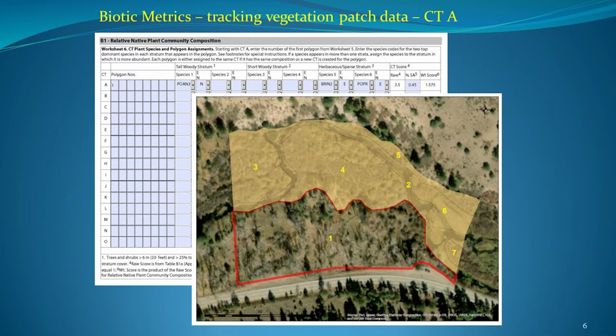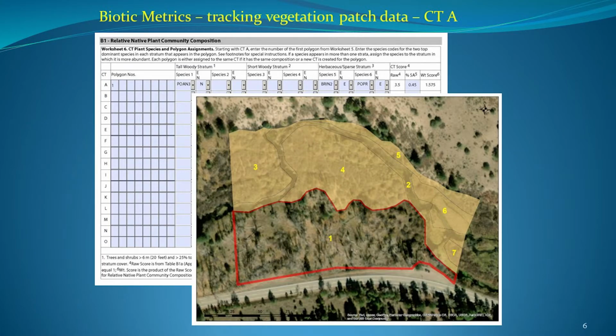I will tell you how we assign those CT scores in a little bit, but it will be a value from 1 to 4, because remember, everything in the NMRAM rates up to 1, 2, 3, 4, A, B, C, D. And so these CT raw scores are a value between 1 and 4 based on the different combinations of native and exotic, and whether that is a more native dominated or a more exotic dominated stand. So in this case, because we have a native tree, we have a 3.5 for the raw score, because the tree, as the big dominant in the stand, pulls the weight even though the grasses are exotic.